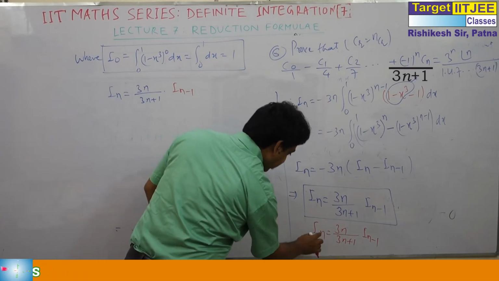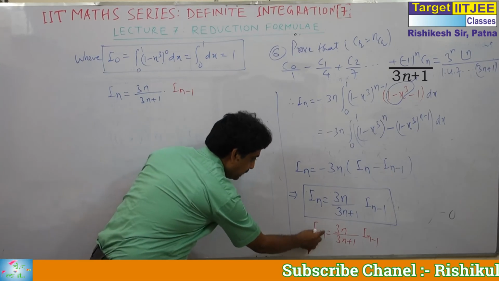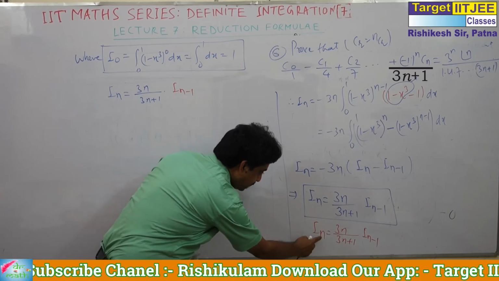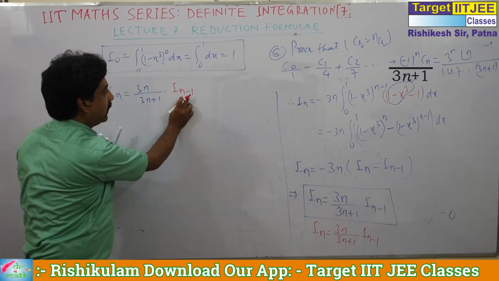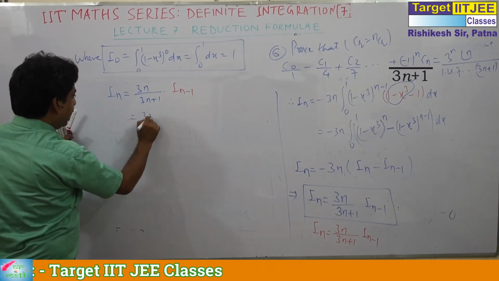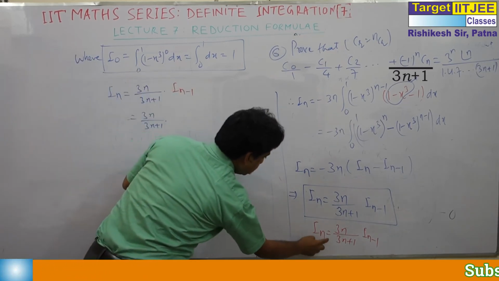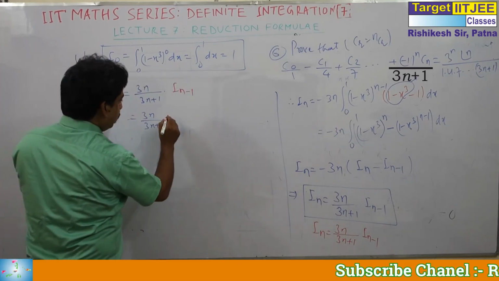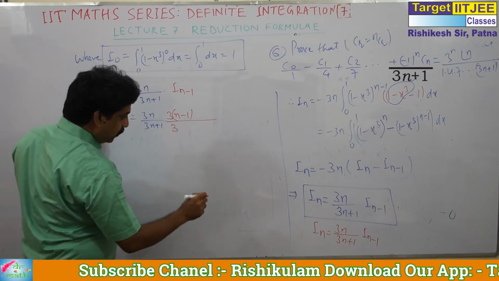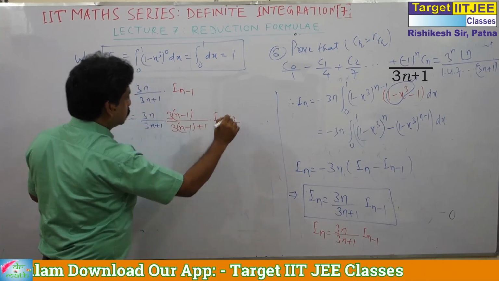Now replace this n by n minus 1, so this is I_{n-1}. Then we get 3n by 3n plus 1, and what is I_{n-1}? When we replace n by n minus 1, we get 3(n minus 1) divided by 3(n minus 1) plus 1, into I_{n-2}.